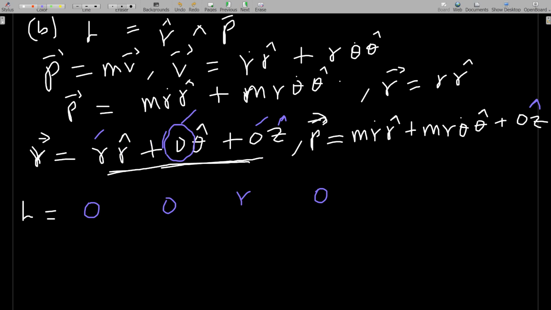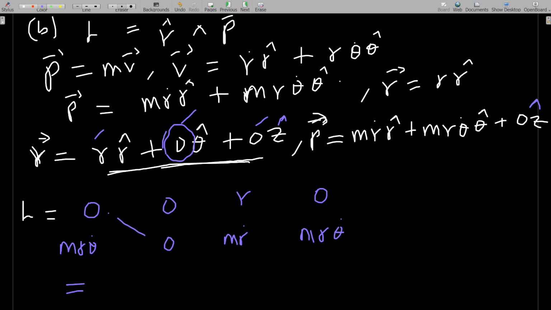You write from the middle, and the middle is m r theta dot. Then you go to the last one, the z component, you have 0. Come to the first component, m r dot. Then you end where you started, m r theta dot.